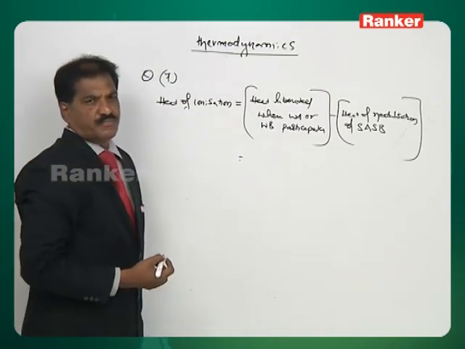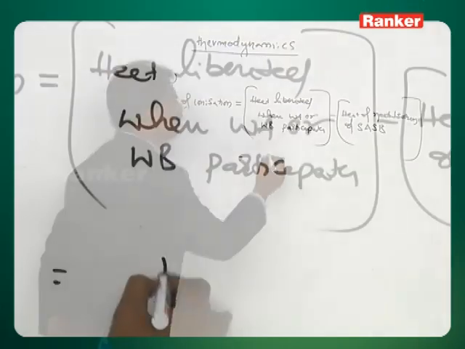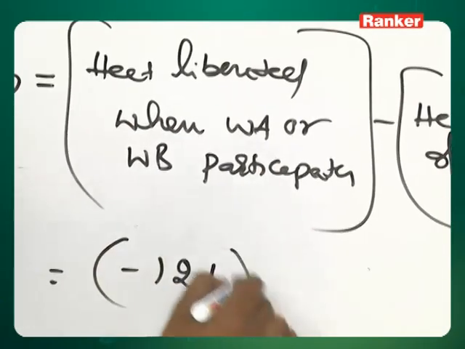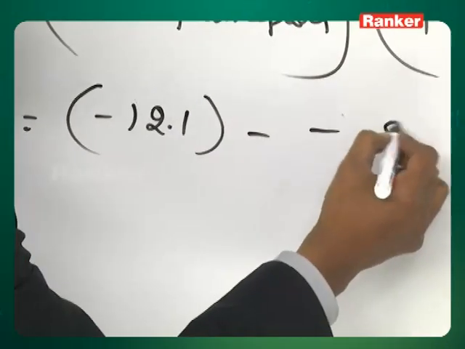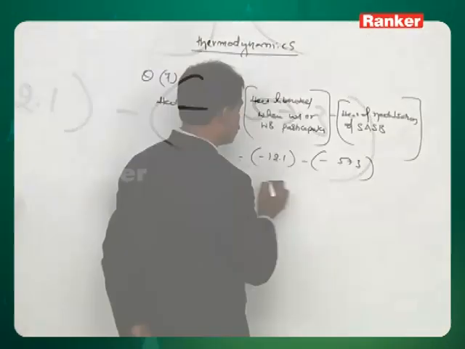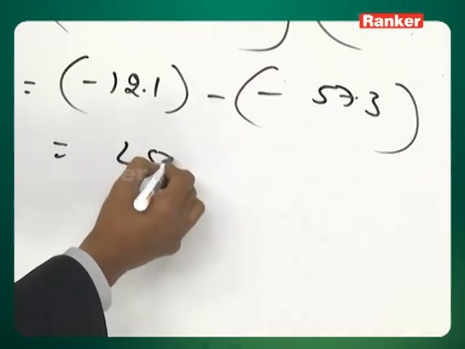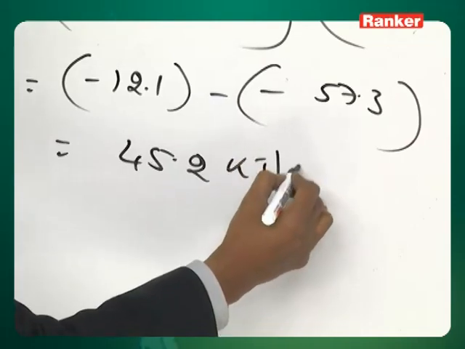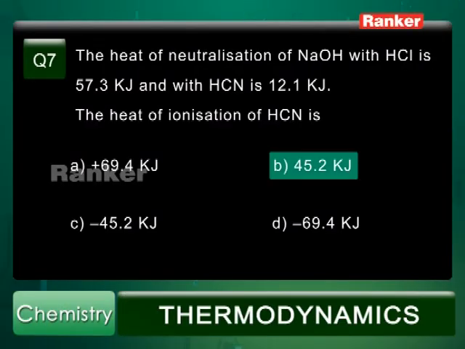Heat liberated when the weak acid or weak base participates is given as 12.1 minus 57.3. Therefore, the answer is 45.2 kilojoules per mole. Answer is B.